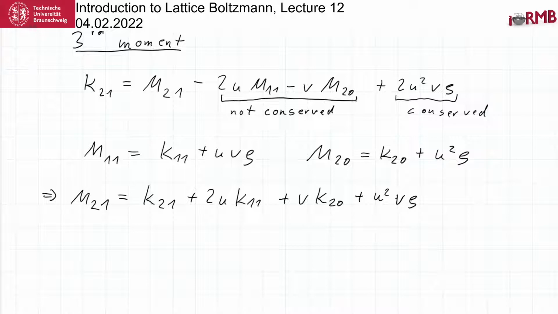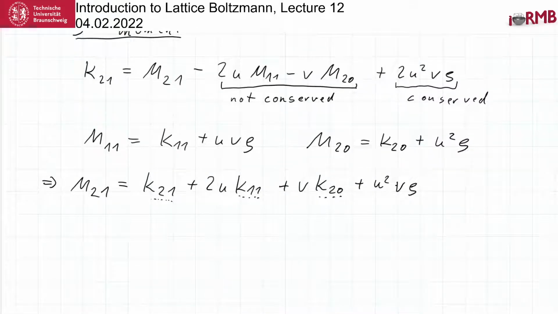Okay, so this is the transformation between the third order raw moment and the central moment. And now the thing that we observe is that this depends on three different moments, of which all are not conserved. So all of them have to relax.